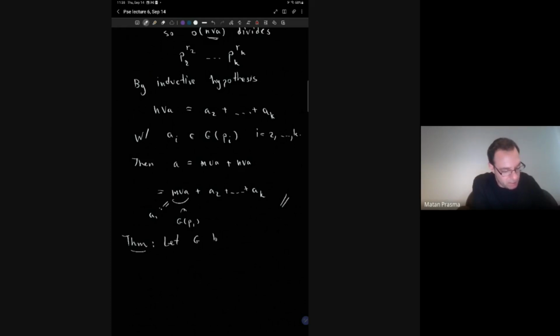Let G be a finite abelian group, with, let's say that the order of G has a primary decomposition as P1 to the R1 up to Pk to the Rk.